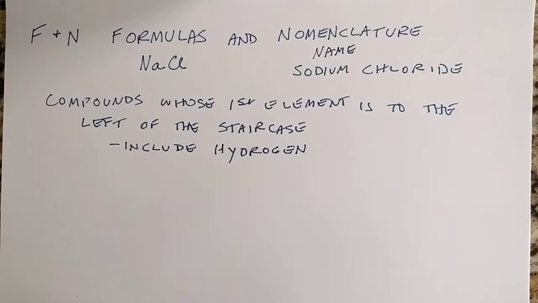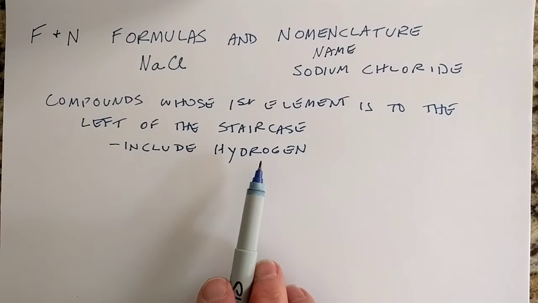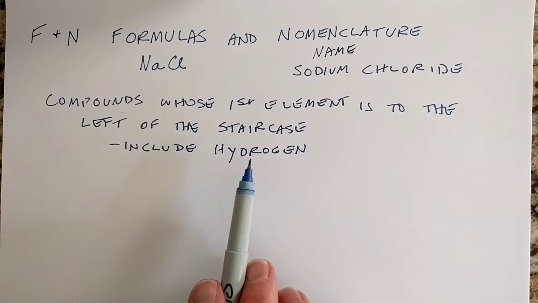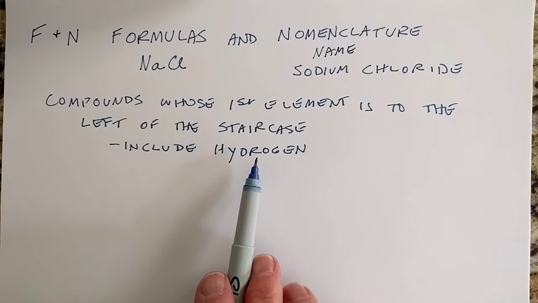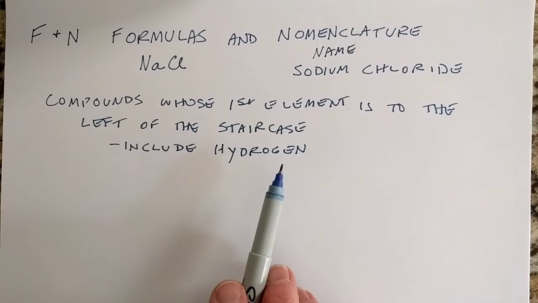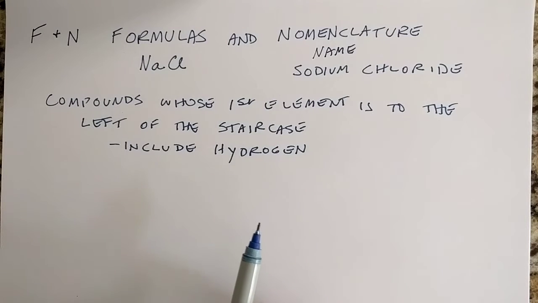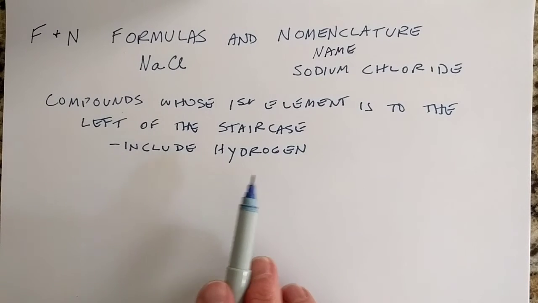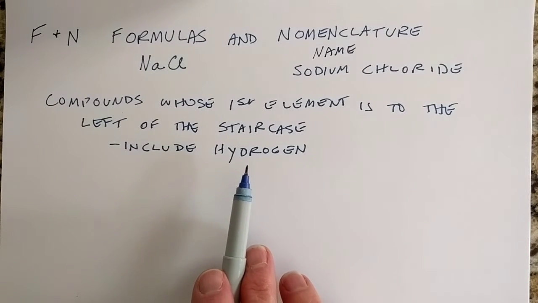A few metalloids there, mostly metals, and hydrogen is a non-metal. We are including it here. Now, hydrogen is a very special element, and when it is in compounds, hydrogen can either have a positive charge or a negative charge. Hydrogen has one proton and one electron when it's neutral.